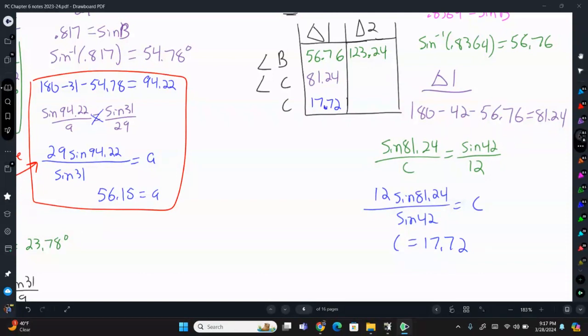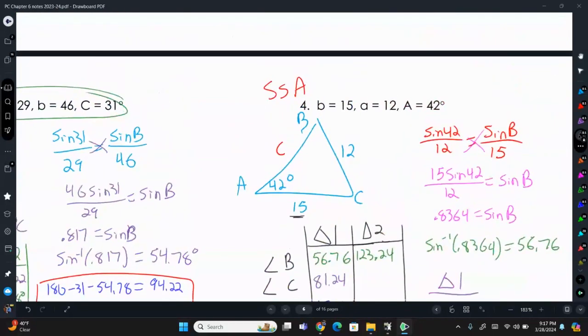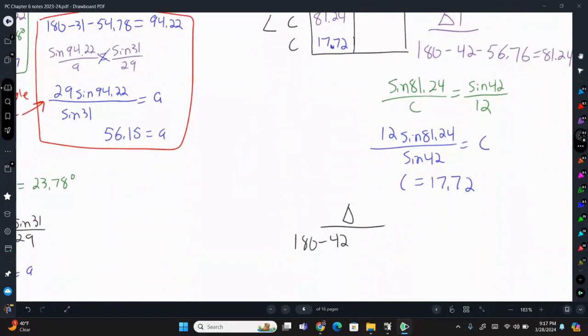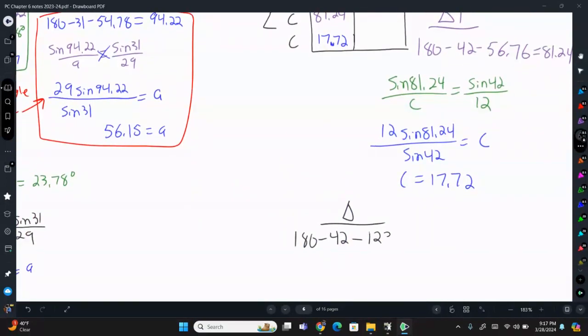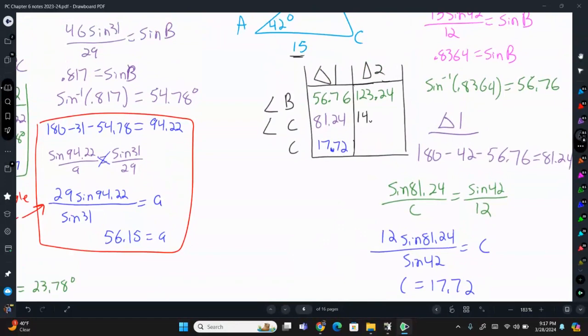Now triangle 2. We're going to have to go back and do 180 minus 42, because again, 42 was given to us in the original problem, minus 123.24. That's 14.76 degrees. So that angle C in the second triangle is 14.76 degrees.